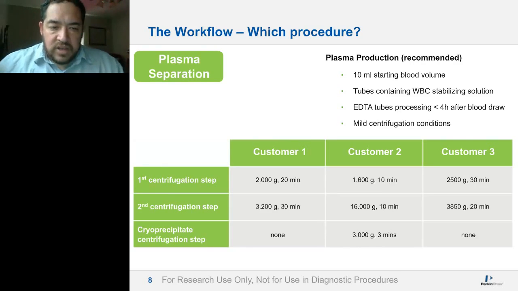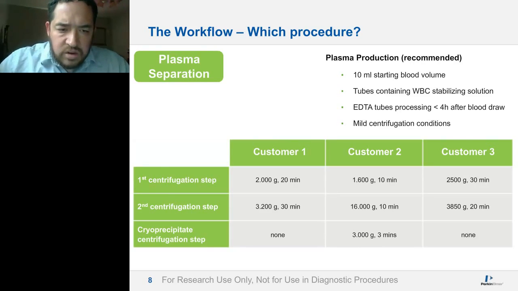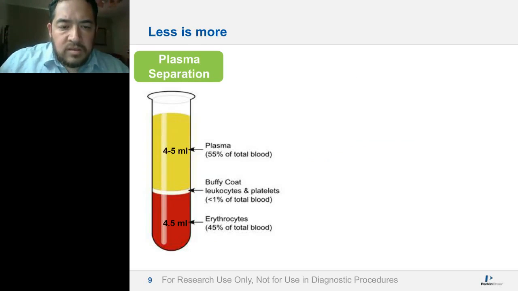One of the challenges as well is the cryoprecipitate that you may see, especially in some non-stabilized blood tubes, which could cause some lipids to be found in the resulting DNA eluate, because this can present a challenge, as well as other proteins. So that's what we mean by less is more.